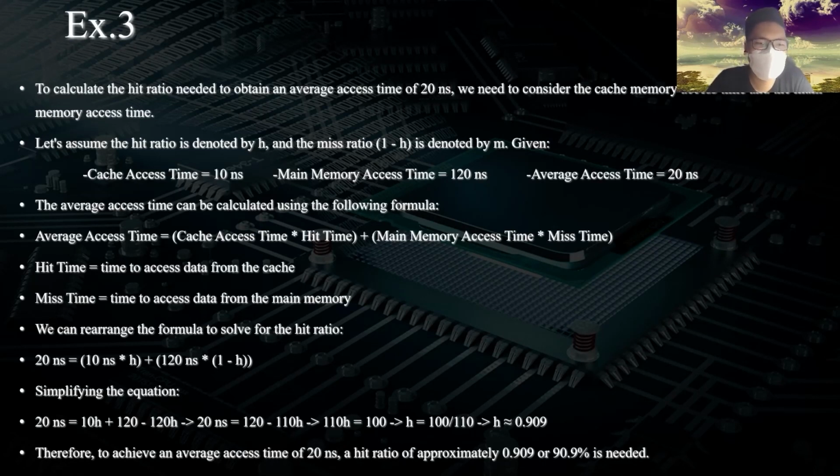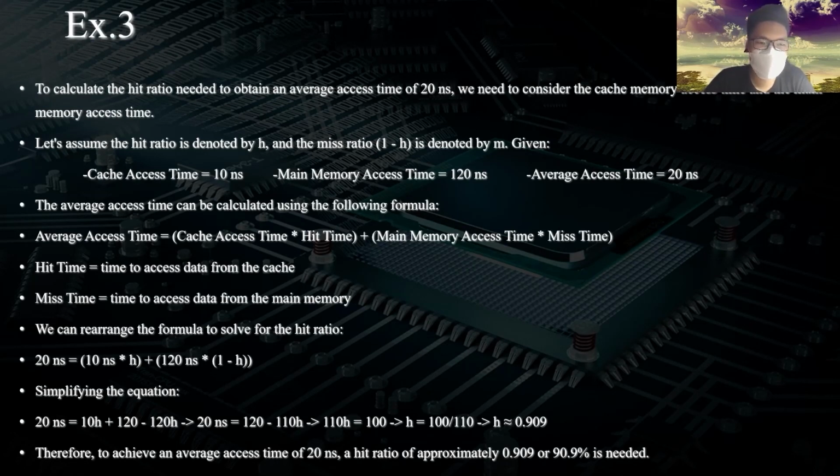Given cache access time equal to 10 ns, main memory access time equal to 120 ns, average access time equal to 20 ns. The average access time can be calculated using the following formula.